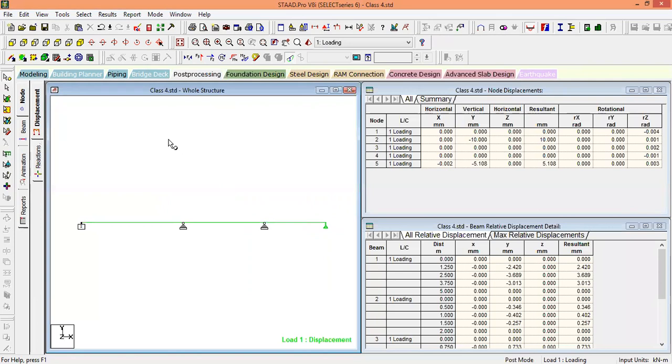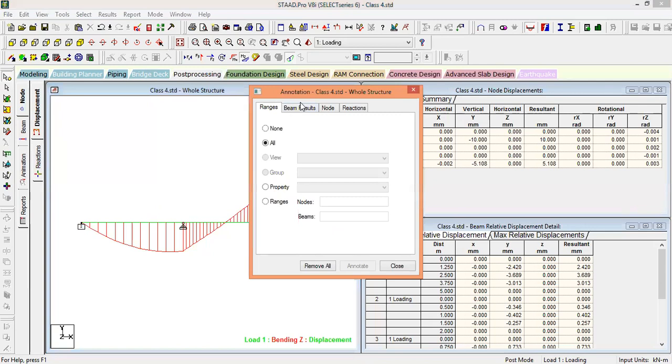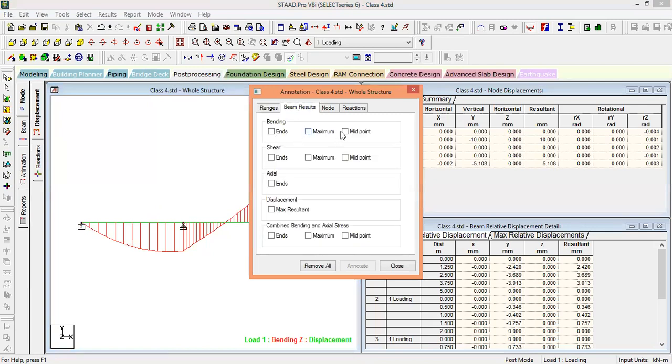There is one more way of knowing the bending moment diagram. In previous problems, we took the MZ values, used the result, went to view value and took the beams, end, middle, midpoint, and the maximum, and we used to get the bending moment values.